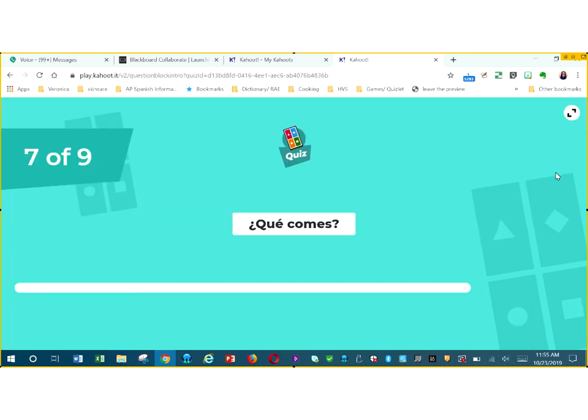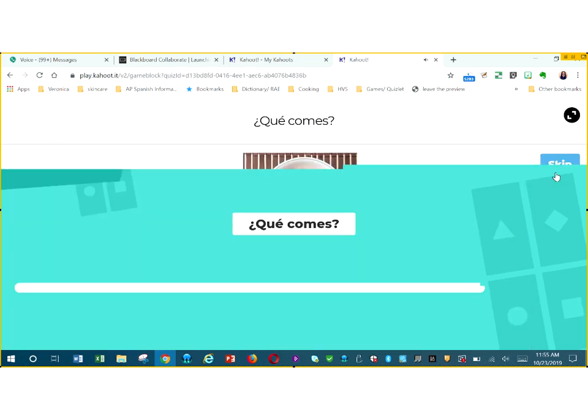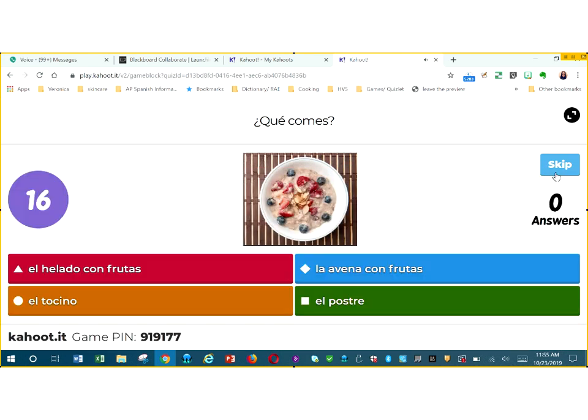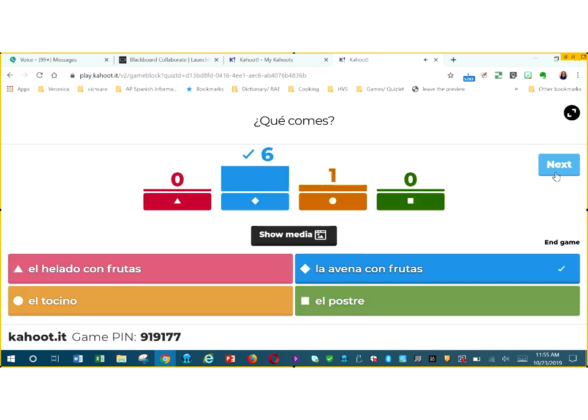Number 7, ¿qué comes? El helado con frutas, el tocino, la avena con frutas, el postre. Very good, la avena. Oatmeal with fruit. Very good.